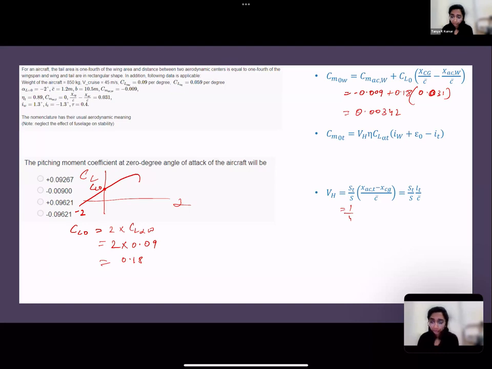How much is this? 1 by 4, exactly. 1 by 4. And is something missing? Yes, C bar. 1 by C bar, which is C bar? Yes, 1.2. So what is this value?